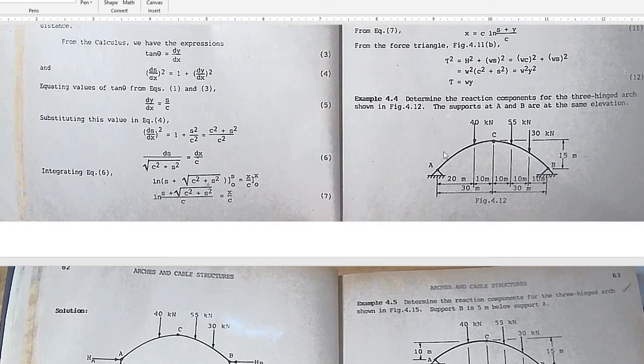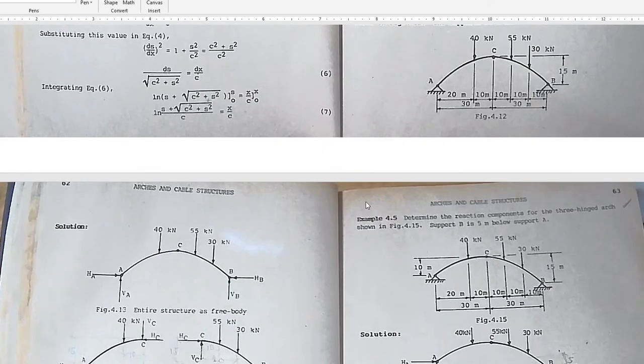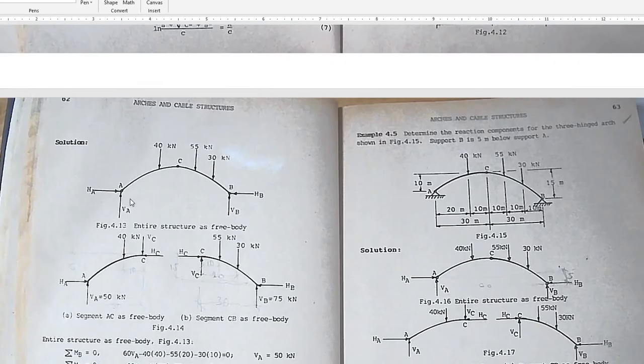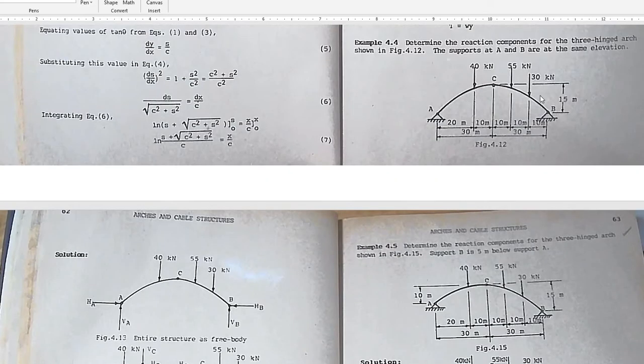Step 1, you take the whole body as a free body diagram, then isolate AC, and then isolate CB as separate free body diagrams. The aim here is simply to get the reactions: vertical and horizontal reactions at A, and vertical and horizontal reactions at B, since points A and B are pinned supports.